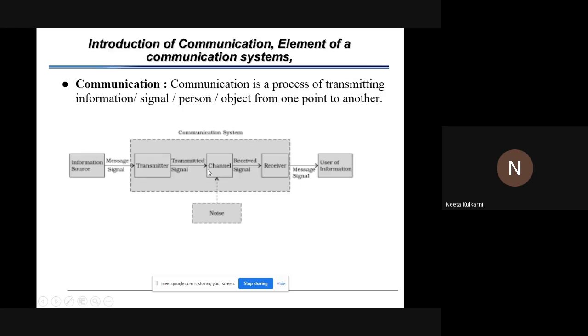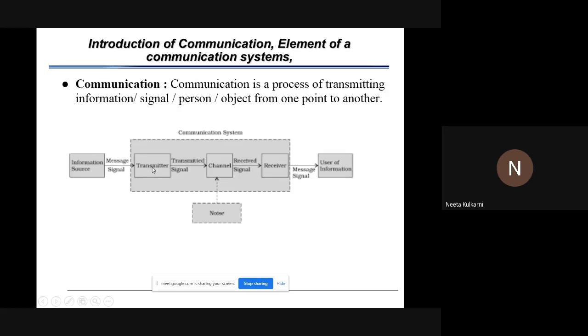But when we do the modulation, it is done in a specific block that is involved in the transmitter. This is called the modulator, and the modulator block is part of the transmitter. When we perform some operation on this signal to increase its strength, that is called modulation, and it takes place in this transmitter.